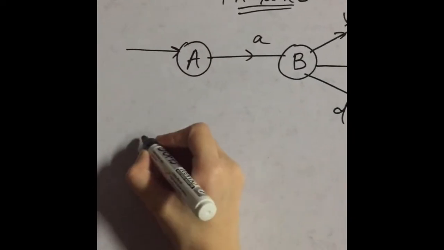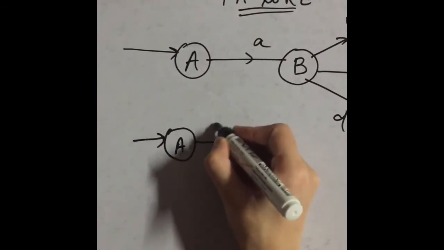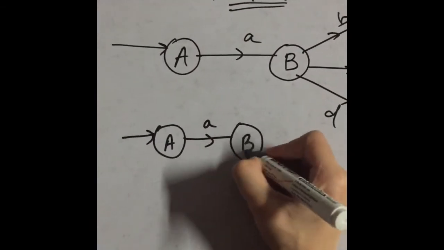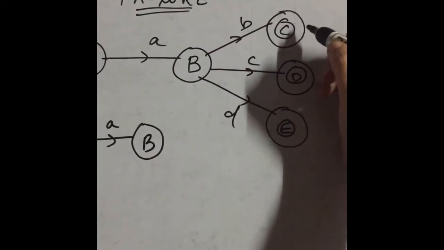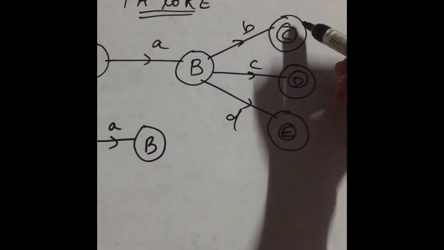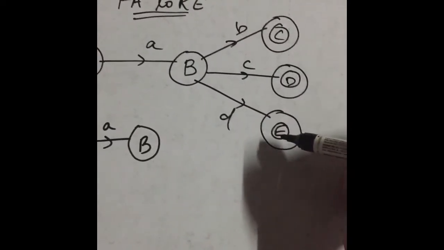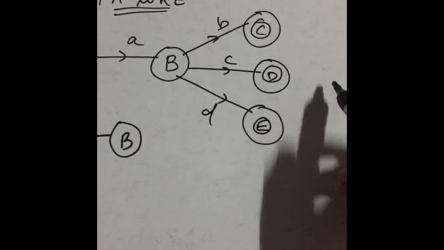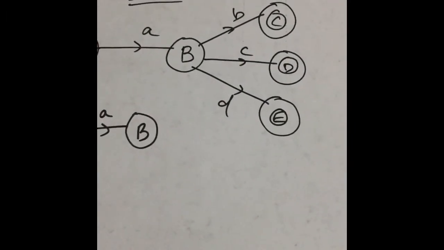Let's see. We don't want to change anything here now. What is the method to change it? Make all final states non-final, and with the help of null transition we make only one final state.